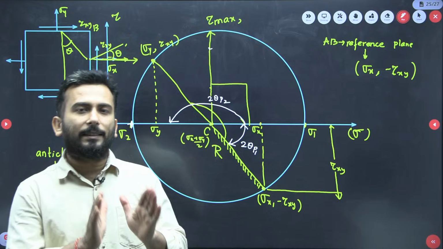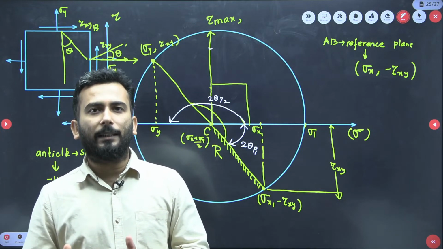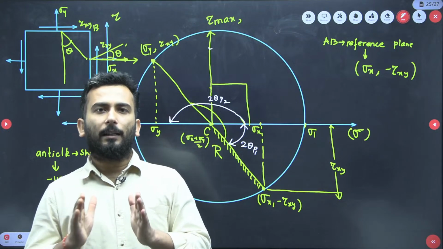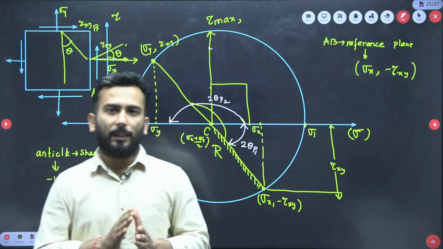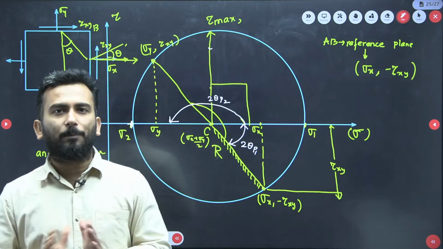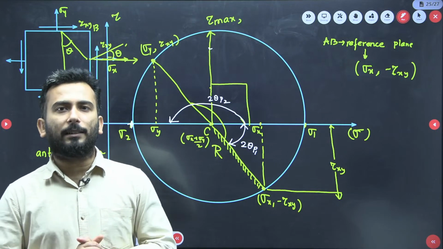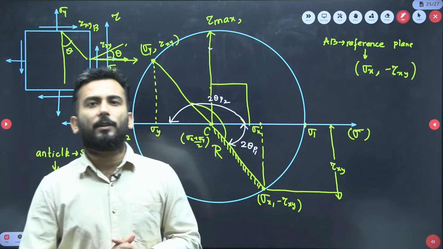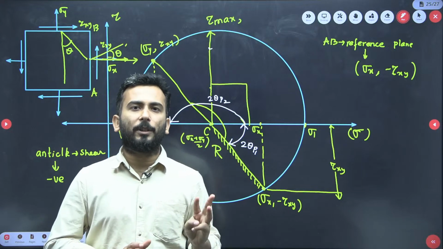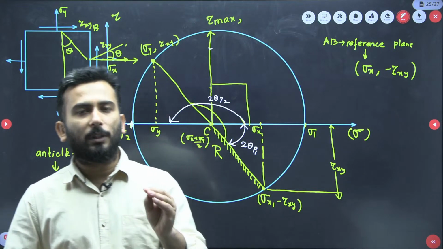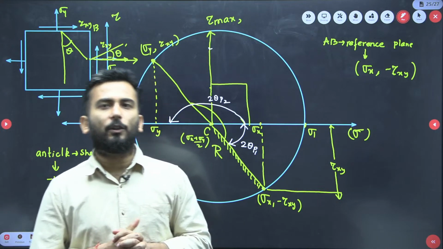But I think if you have seen these three classes honestly and completely, then my assumption is that your basics are very much clear, and you will never face any conceptual problem in Mohr circle or your stress transformation equations. And I have taken exactly 3 classes for stress transformation because it is one of the most important areas as far as strength of materials is concerned.